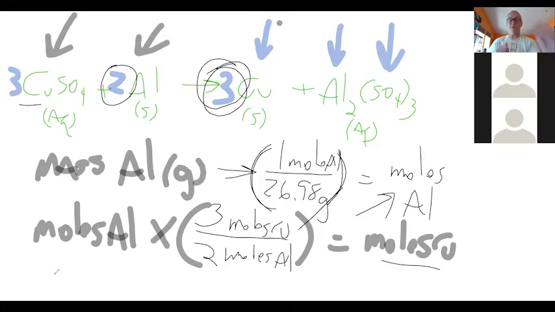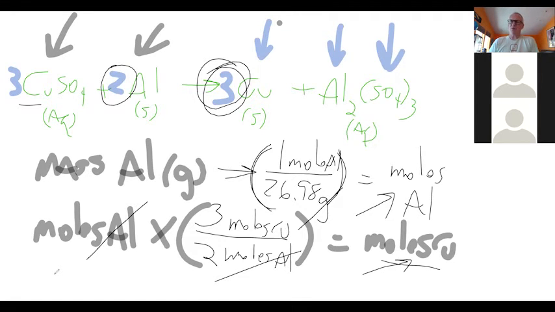It's 3/2, because aluminum is going to be on the bottom and copper on the numerator, because that's what we want. So however many moles of aluminum we figure we have from our sheet of aluminum foil, if everything goes perfectly, we would have 3/2 moles of copper. So now we have moles of copper.